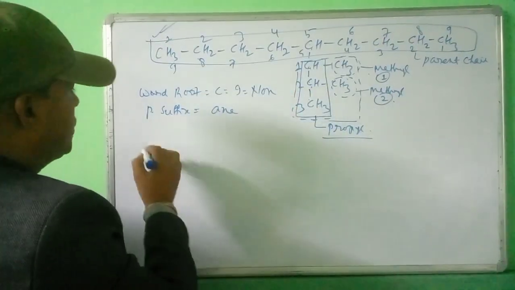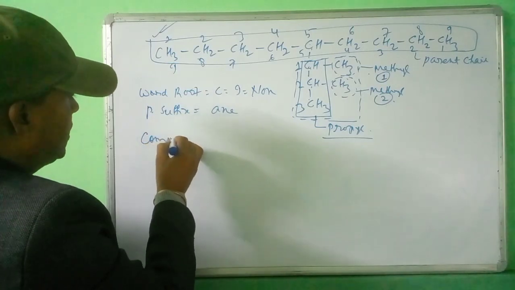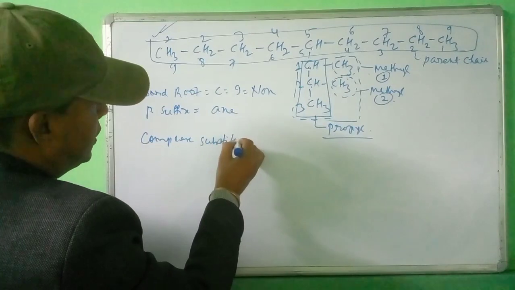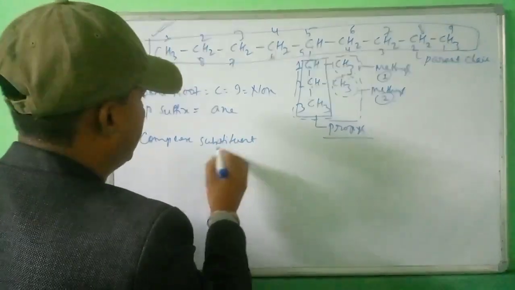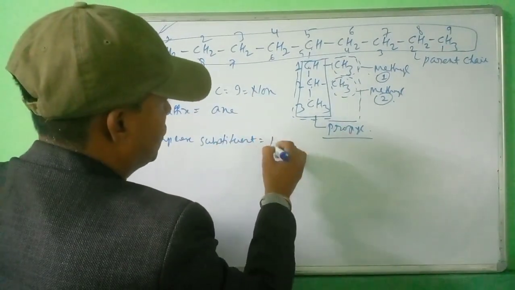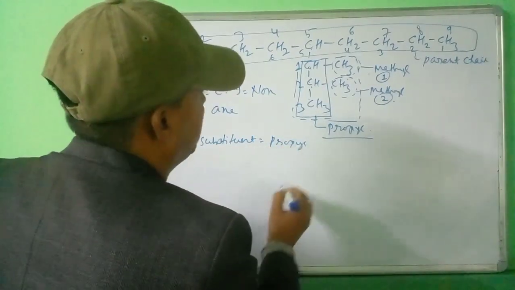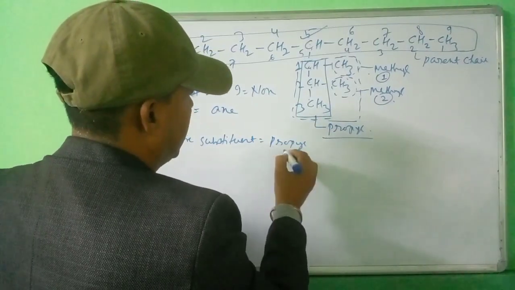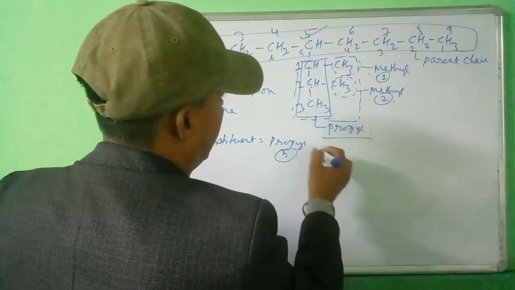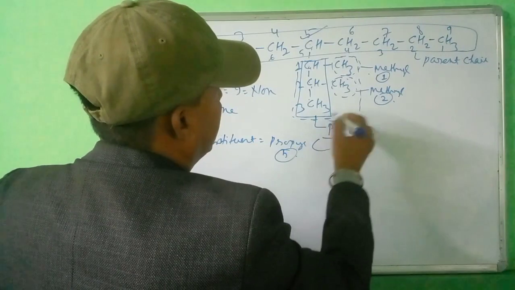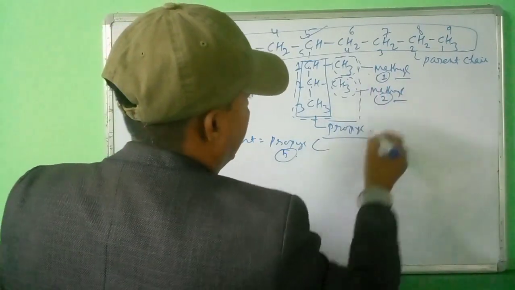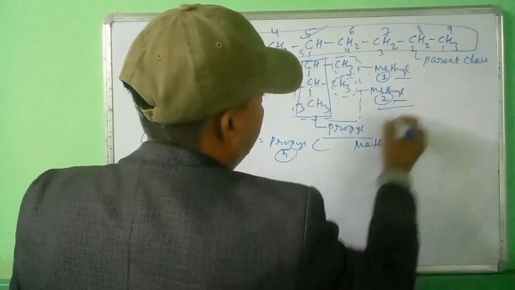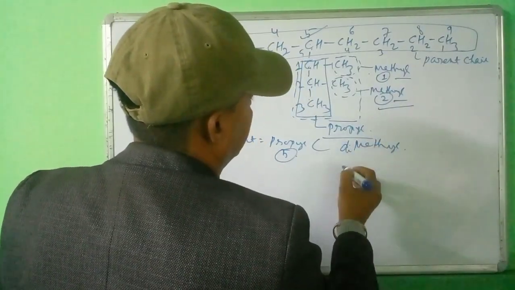Now here the complex substituent. What is the complex substituent? Propyl. And the position of the propyl in the parent is the fifth position. Now the propyl has what alkyl group? Methyl. Methyl 2 times, so dimethyl, the term di is written.